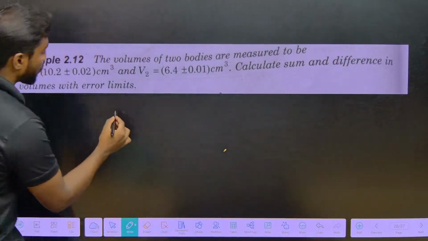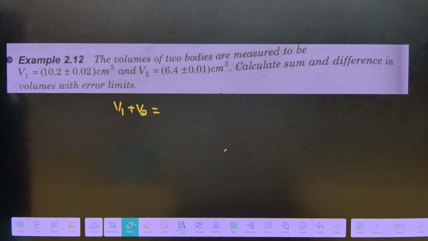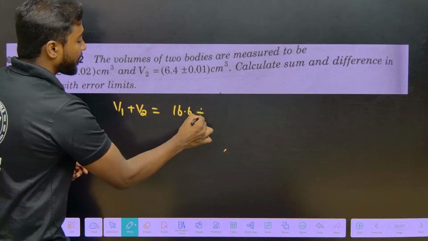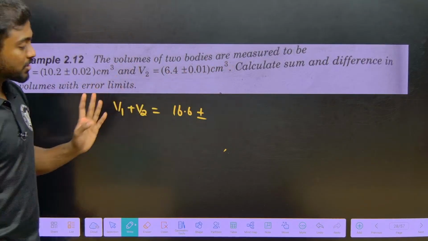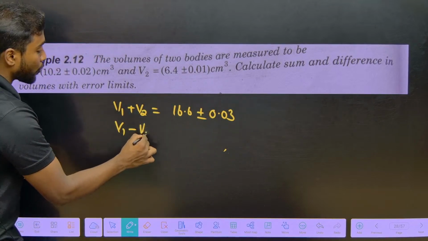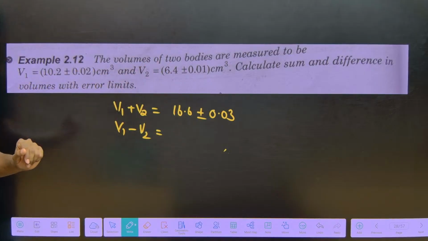First one, V1 plus V2. What should I do? I should add both of them. 10.2 plus 6.4 is 16.6, plus or minus 0.02 plus 0.01. How much? 0.03. What about V1 minus V2? 10.2 minus 6.4 is 3.8.